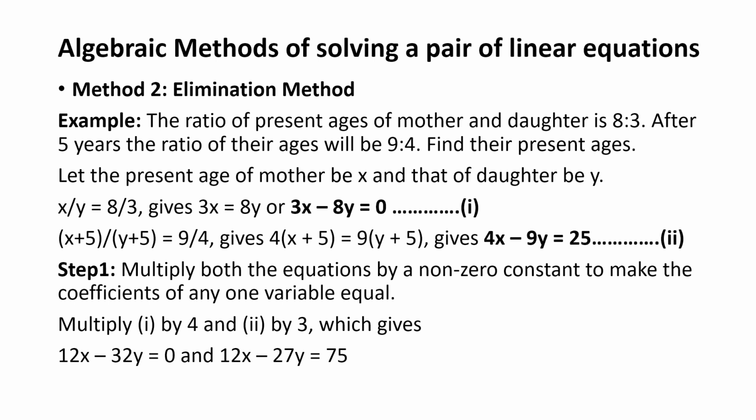Remember, you can also do this with y. But over here we multiply the first equation with 4 and the second equation with 3. So what we will be getting is 12x minus 32y is equal to 0 and 12x minus 27y is equal to 75. So we have obtained the coefficient of x in both the equations as the same.